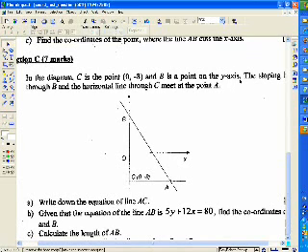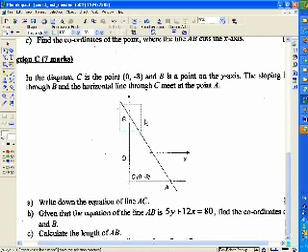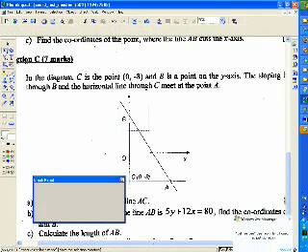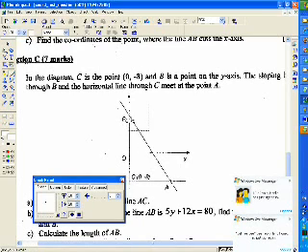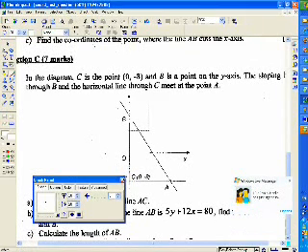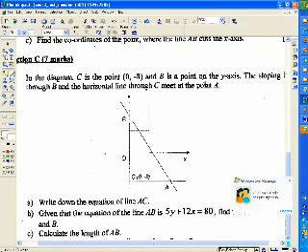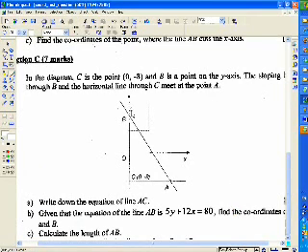Okay, having come to this point, we know that B, since it is on the y-axis, will be in the form of bracket 0, y.